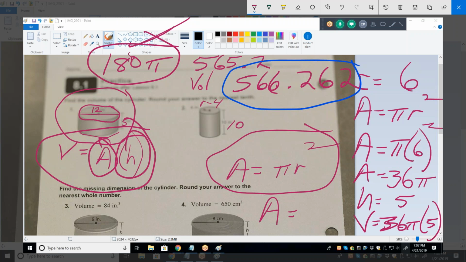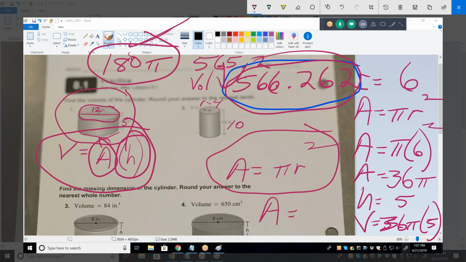266.3. Hold on. Start on the left, not in the middle. Start here when you're telling me what a number is. What is this number that is circled in blue?